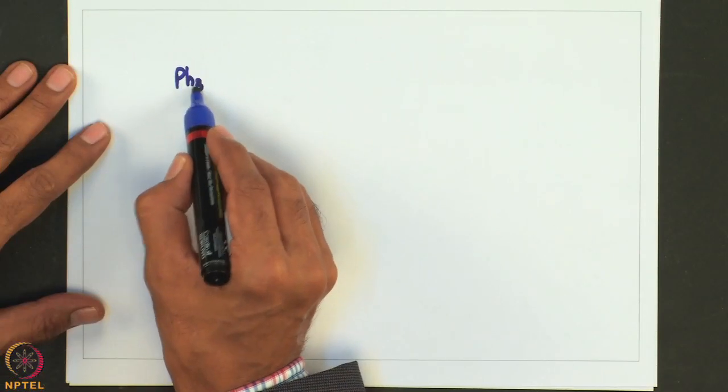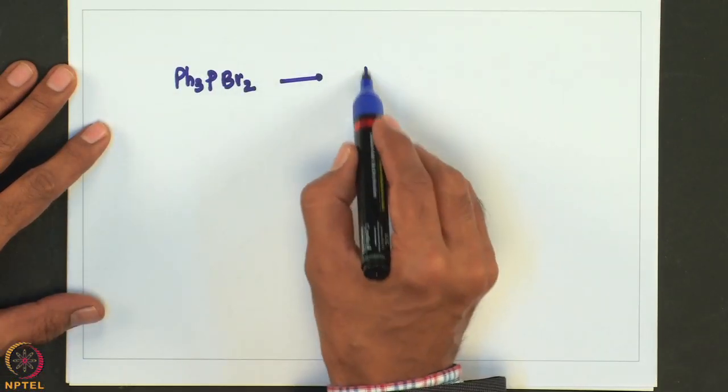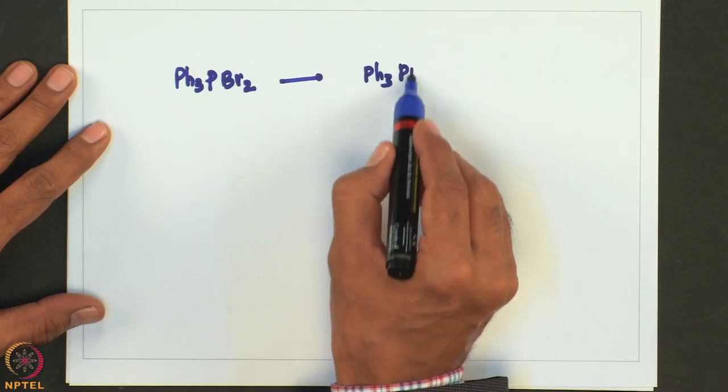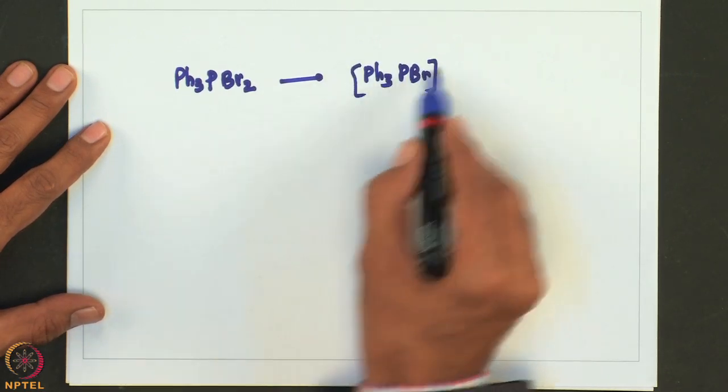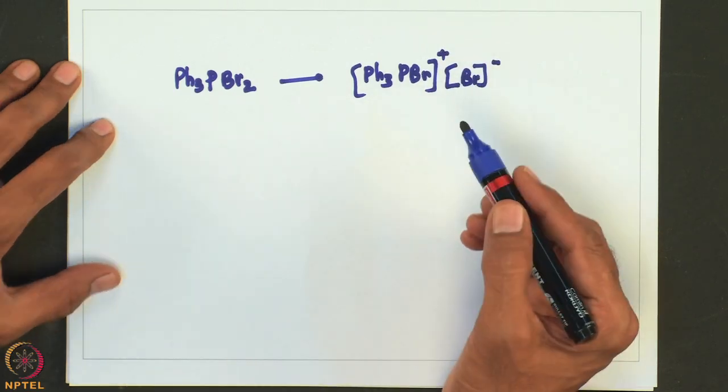In dichloromethane solution, triphenyl phosphine dibromide ionizes to give a salt of this type. For example, if you consider Ph3P Br2, this ionizes to give Ph3P Br plus and Br minus.